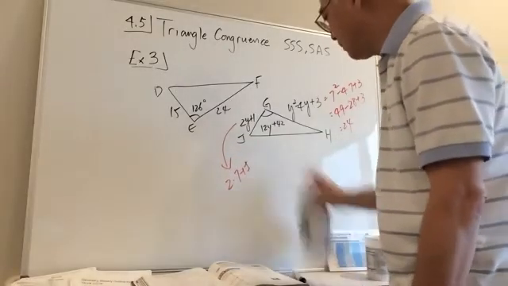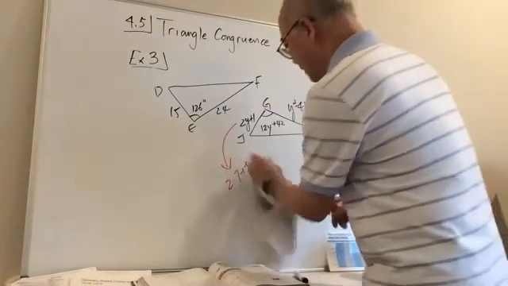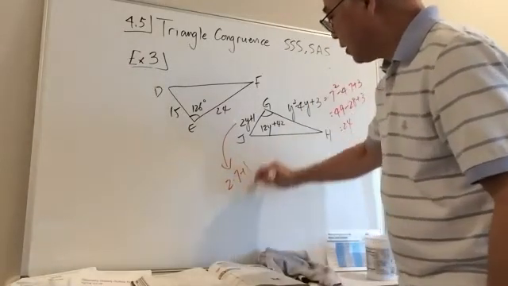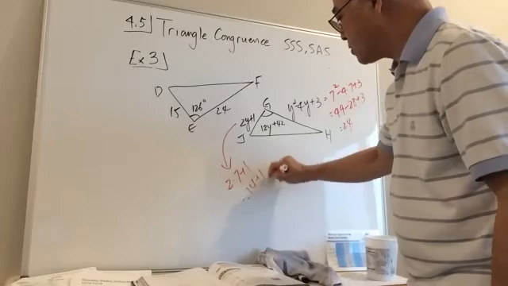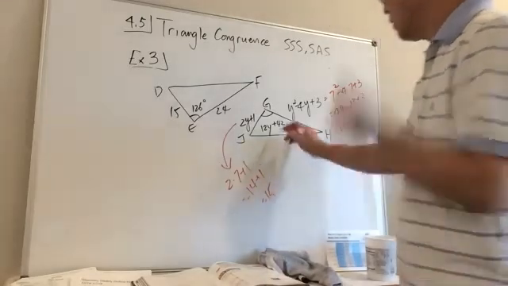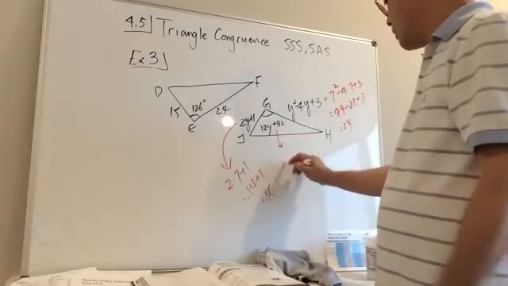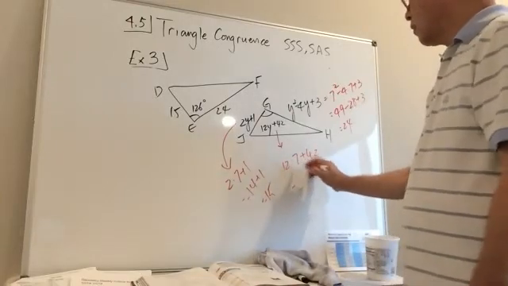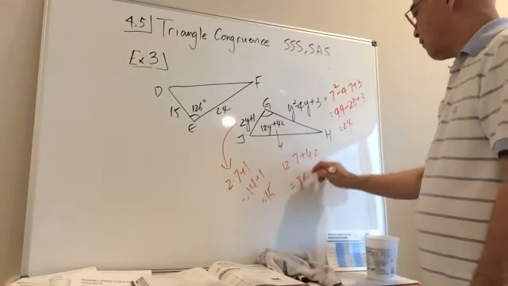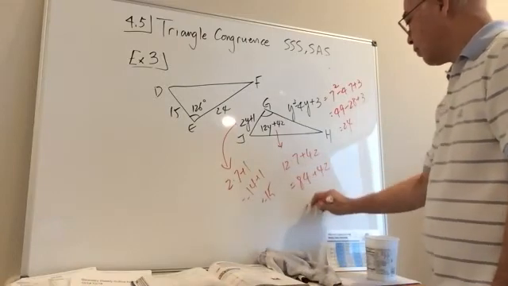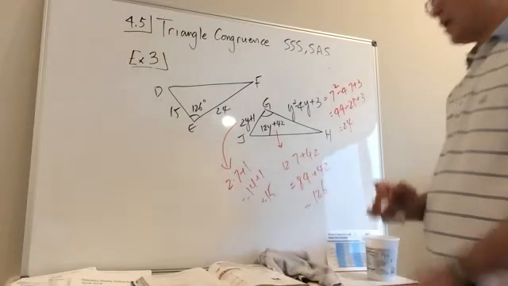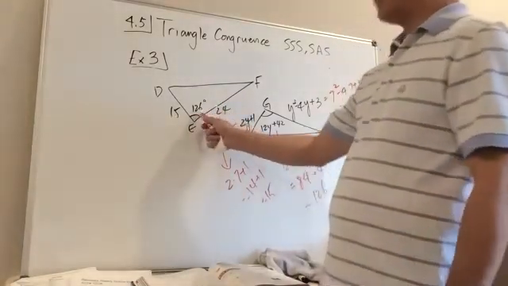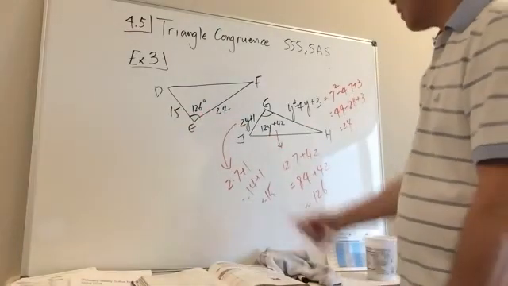This guy here is going to be 2 times 7 plus 1, so 14 plus 1 is equal to 15. This guy here is going to be 12 times 7 plus 42, that's 84 plus 42, 126. Okay. 15, 24, angle in between is 126.